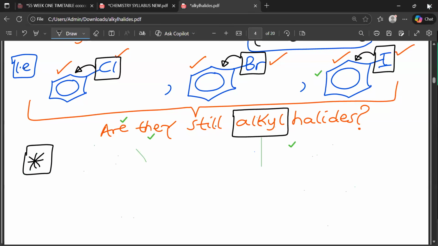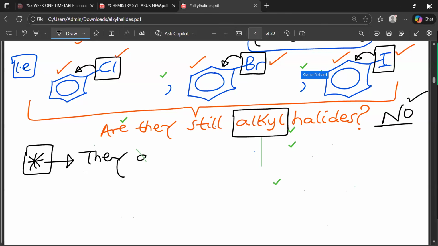I told you that benzene belongs to a family called arenes, and that's why they are called aromatic compounds. So the answer is no. They are not alkyl halides. What are they? They are aryl.